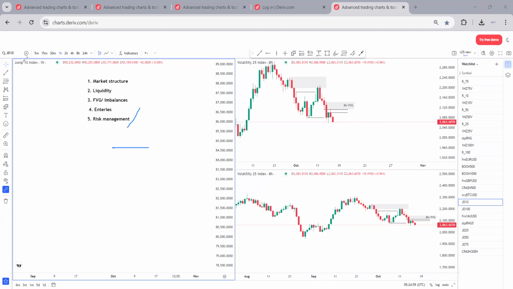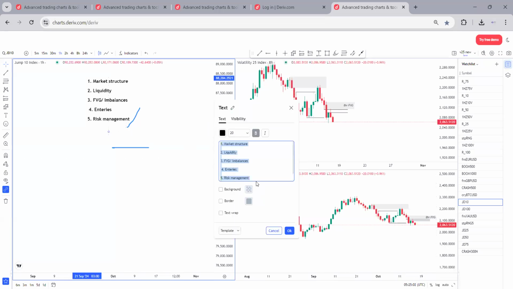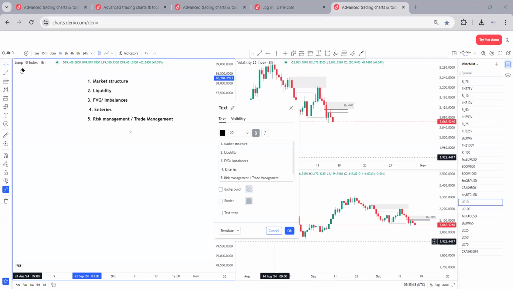Let me add trade management. Your take profit areas, your stop loss areas, and even your break even areas. And where are you even supposed to take partials?